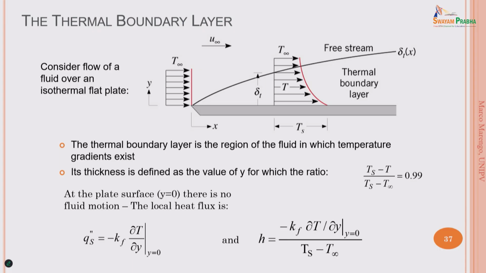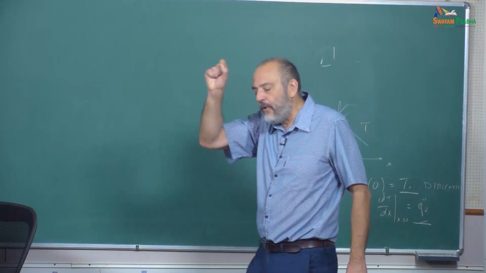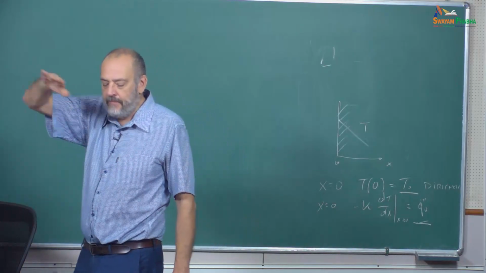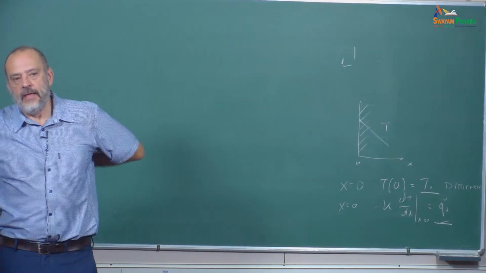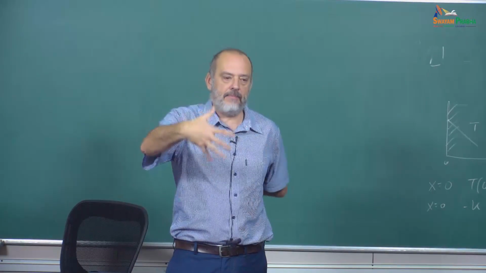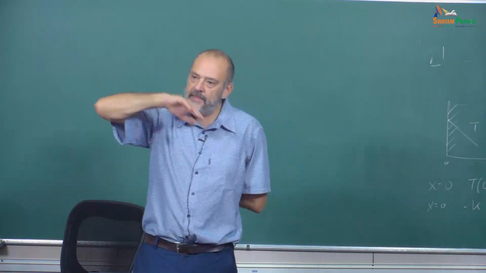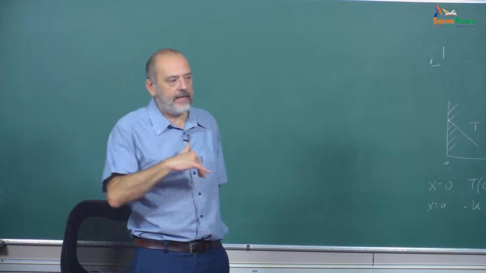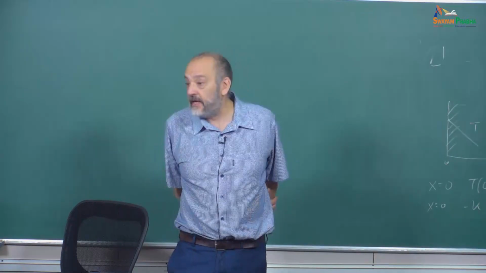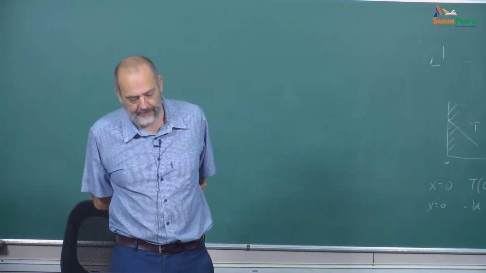Again, we now measure not the velocity but the temperature, and we get the point where we have 99% of the difference of temperature between the wall and the fluid. Again, we can reconstruct these points and build a curve containing the thermal boundary layer. This means that under this curve, we cannot neglect the presence of the wall that has a different temperature.